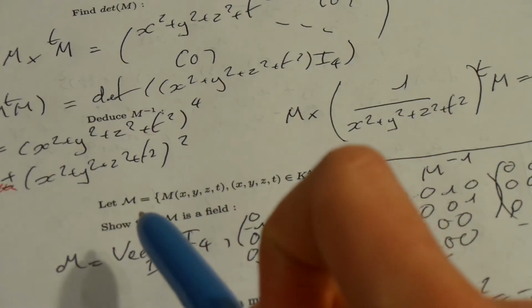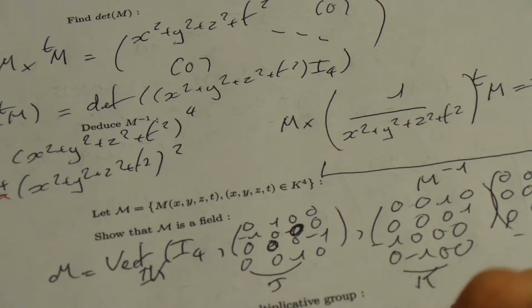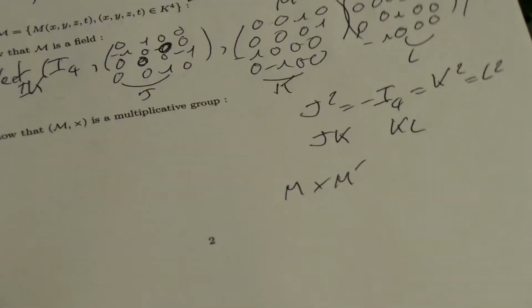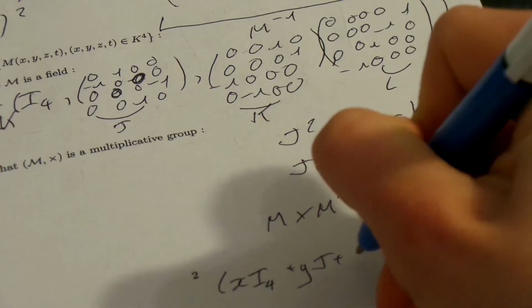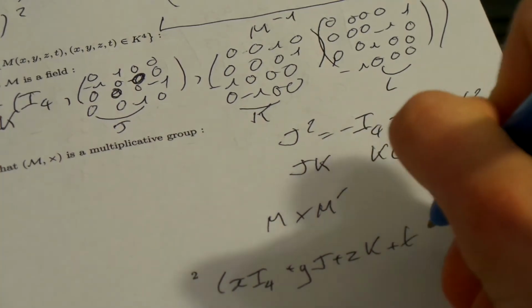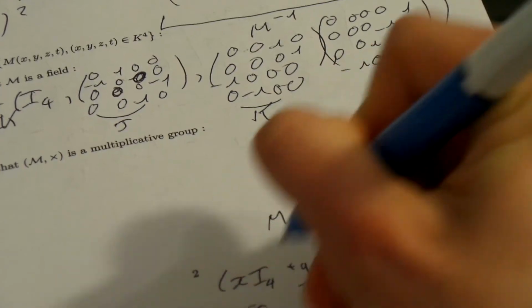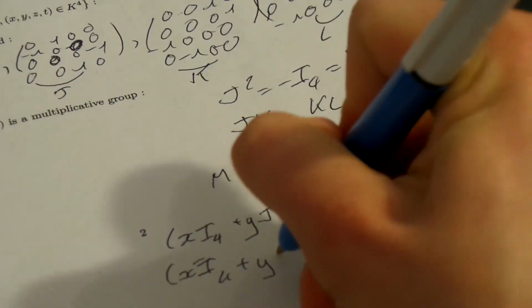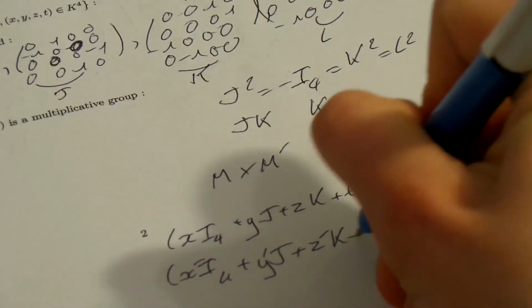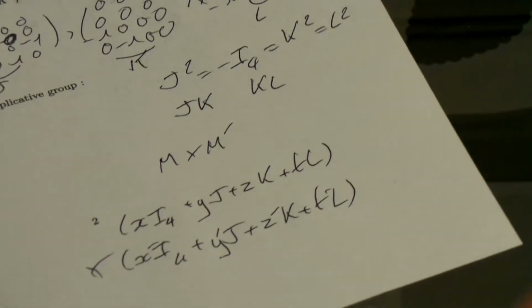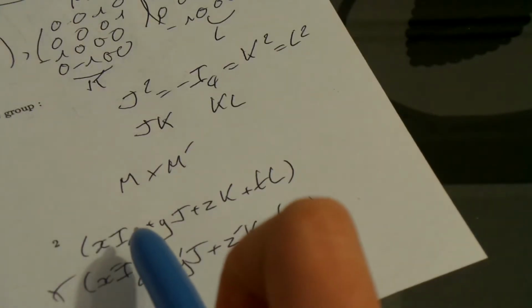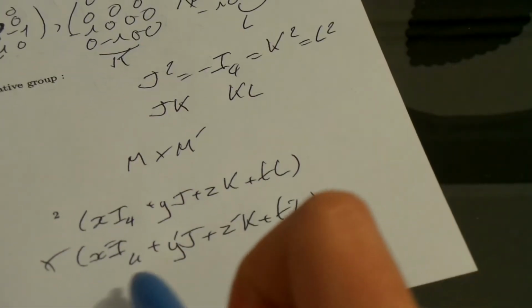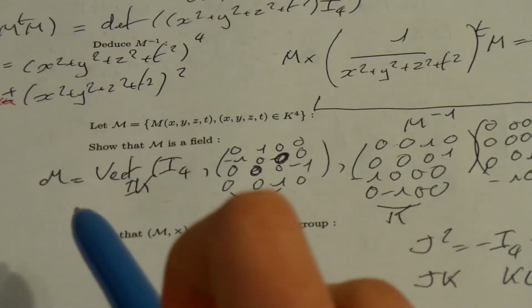So when you write your product of two matrices in this set M, let's just say M and M prime, instead of writing M times M prime, you can just write it as x identity plus yJ plus zK plus tL times x prime I4 plus y prime J plus z prime K plus t prime L. You can just write it as a multiplication by this, and then when you develop it out, you will already have an answer in terms of I, J, K, and L. So you can just deduce that it also stays stable by multiplication.